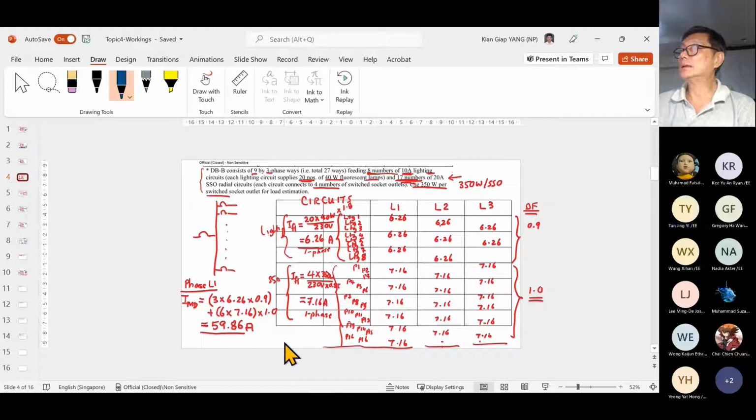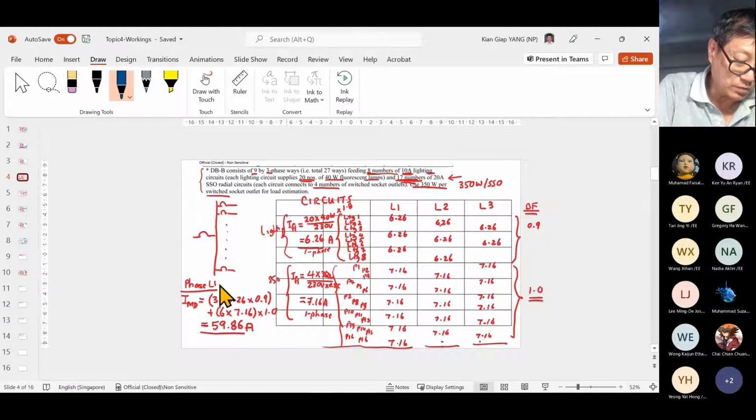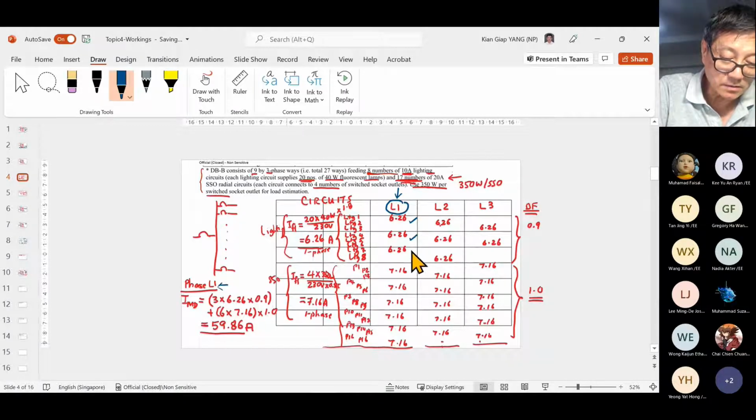This one here, on the left? Okay, you count the number of circuits. For example, now I'm looking at phase 1. If I look down this column, how many lighting circuits have I got? 3 only. That's why I took 3, and I only take one of them, 6.26.